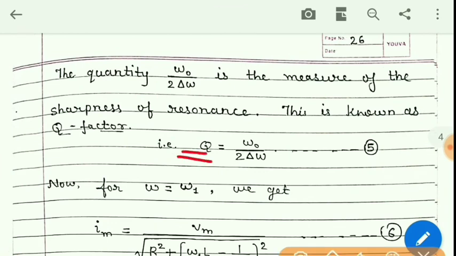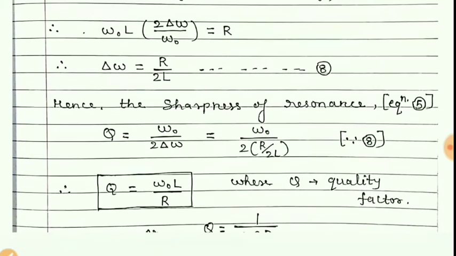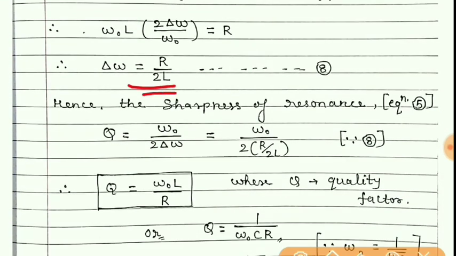Sharpness of the resonance, we know that there is delta omega. So now we are going to put the value of delta omega from this obtained equation, that is this. Now we know that sharpness is omega naught upon 2 delta omega.